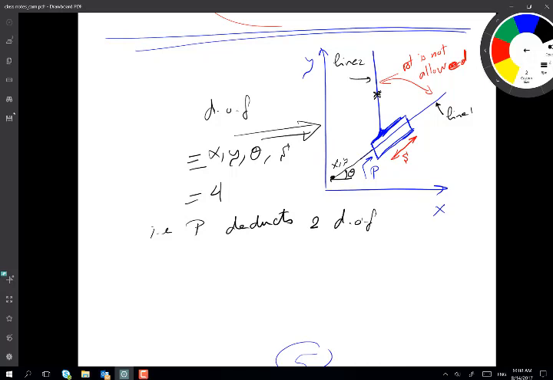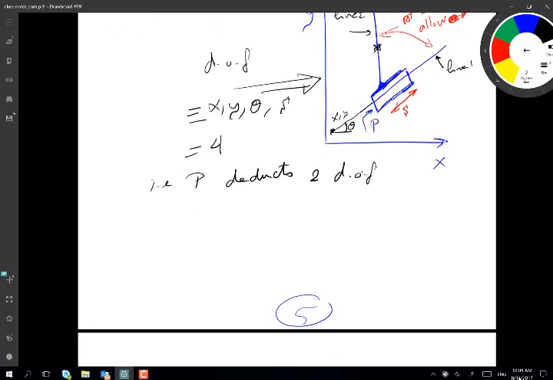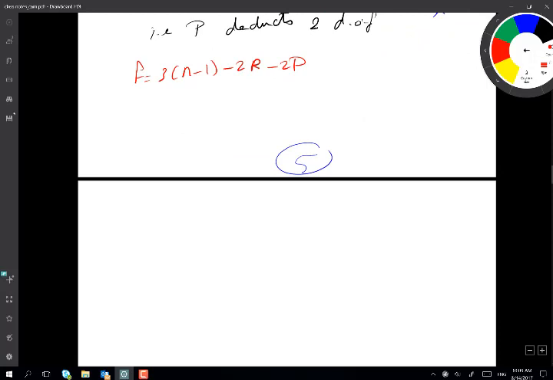This joint reduced the freedom from 6 to 4, so it deducts 2, similar to a revolute joint. So now I can say degrees of freedom equals 3(n minus 1) minus 2r minus 2p. Which takes me to this other new example. What if I have a linkage that's something like that?